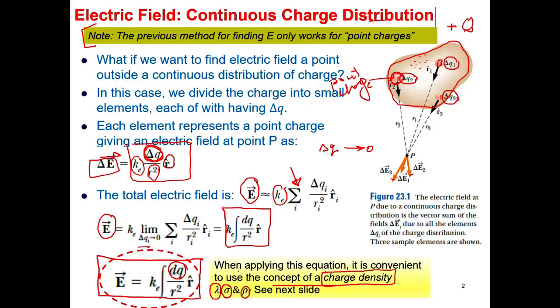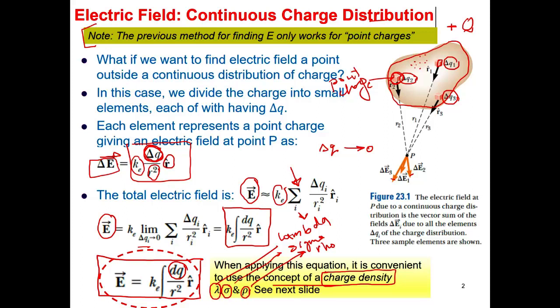So this is lambda, the B is silent, lambda. The second one is sigma, from the old Greek alphabet, and this is rho. Lambda is charge divided by length, sigma is charge divided by area, rho is charge divided by volume.